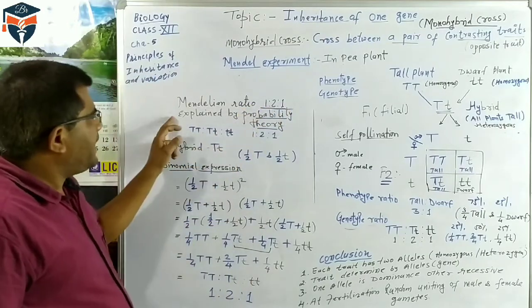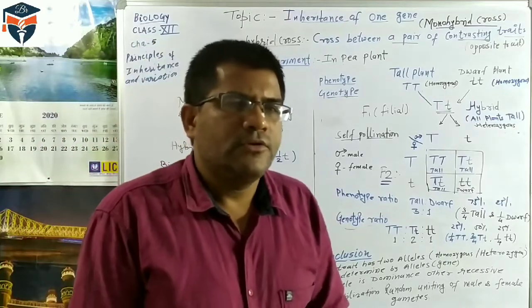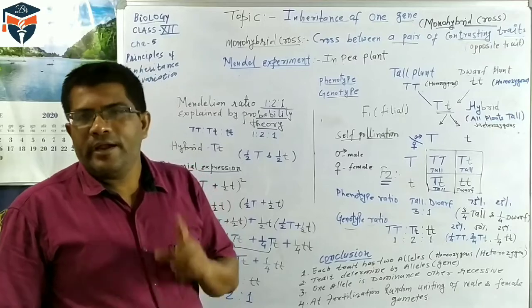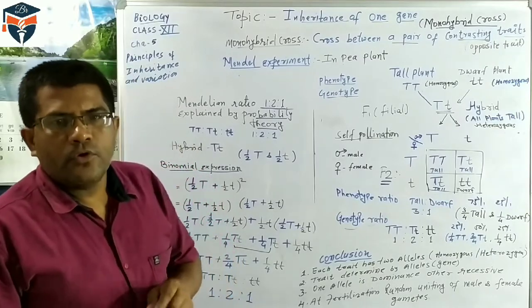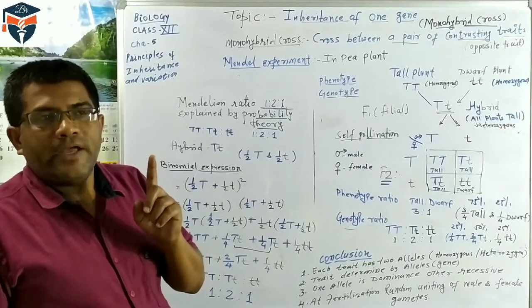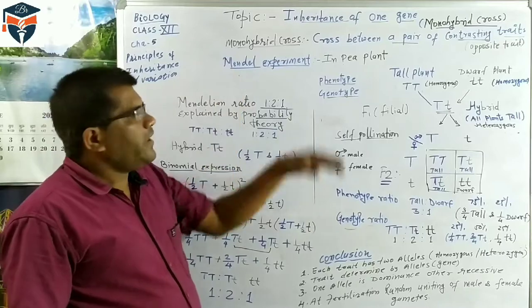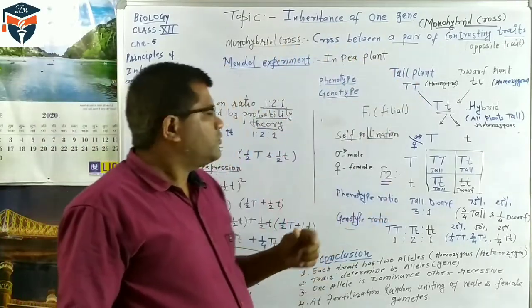1:2:1 is explained by the probability theory, because Mendel was very good in mathematics and he used the mathematical theorem to explain the biological phenomena. So while explaining the result of the progeny, he used mathematics.